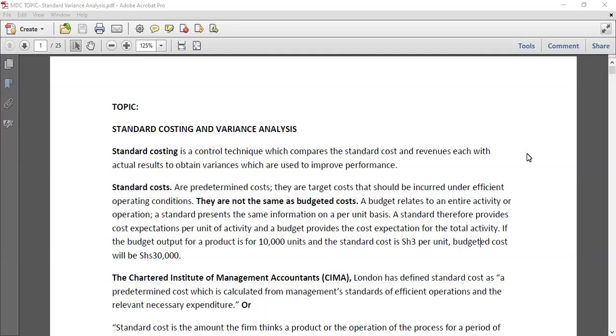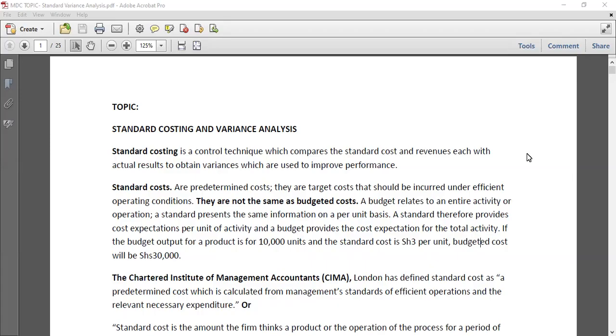They are not equal to each other, just like the way products could be. For example, if I'm handling this class on standard costing and variance analysis, and I'm doing another similar class on standard costing and variance analysis, there will be some differences between the two.